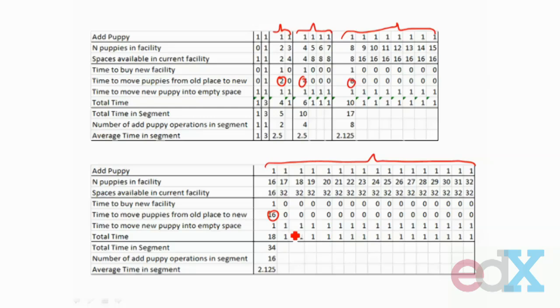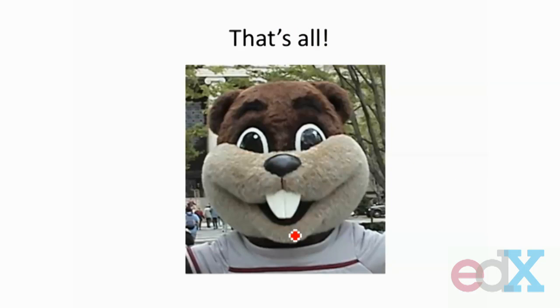Even though sometimes it can take a whole lot of time to add a puppy in the worst case, in the long run, if you average over a sequence of add operations, it takes constant time, or big O of 1, according to amortized cost analysis, to add a new puppy. That's all for this time, and good luck with your puppy storage facility, Tim.